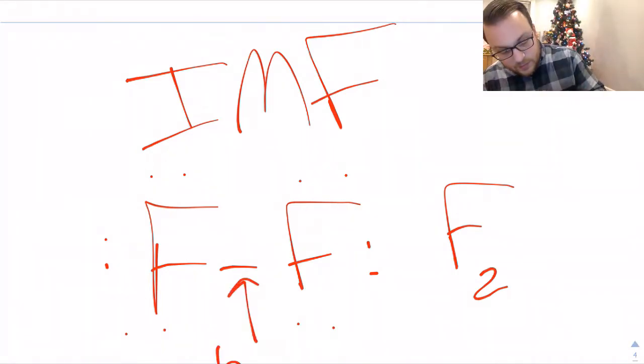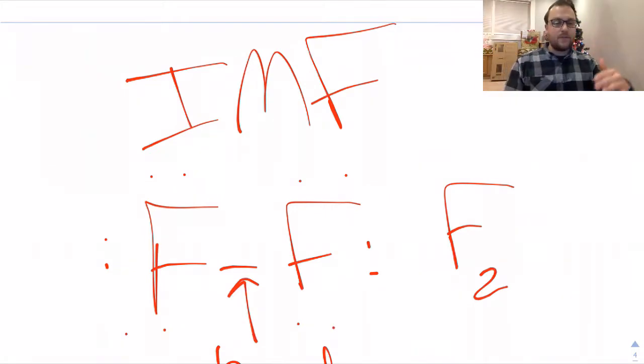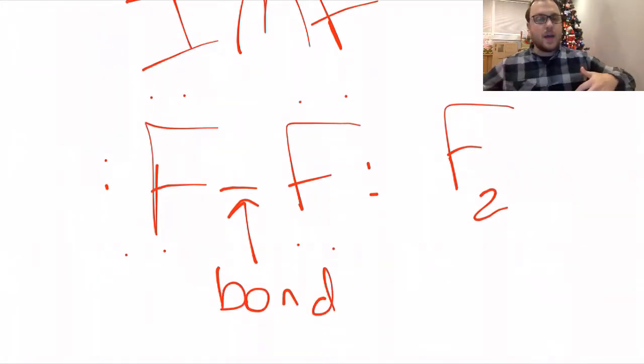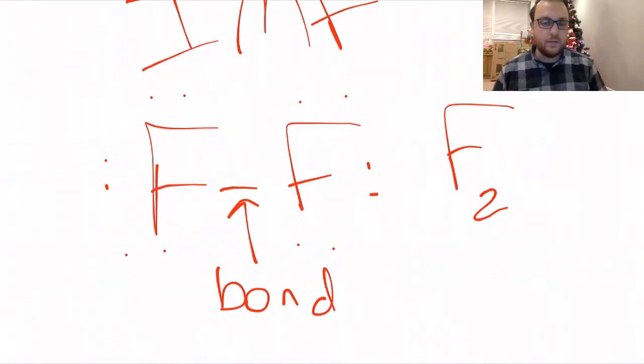How do F and F hang out? They form a covalent bond. They form a nonpolar covalent bond because they're the same atom. That's how this single molecule of F2 interacts with itself. F line, F bond, boom.